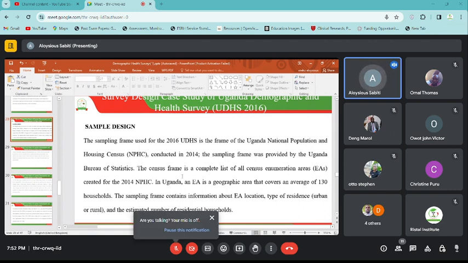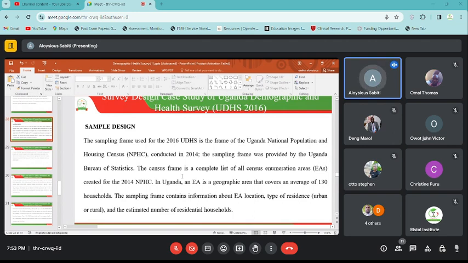So in this case study, you're able to see here that Uganda was able to use the frame of the population census that was conducted in 2014 to sample the households for their 2016 UDHS. So the sampling frame was provided to them by the Uganda Bureau of Statistics. And yesterday, when we were discussing who conducts the UDHS, we were able to state that the statistics offices of the particular countries are responsible for providing technicalities in conducting the DHS.